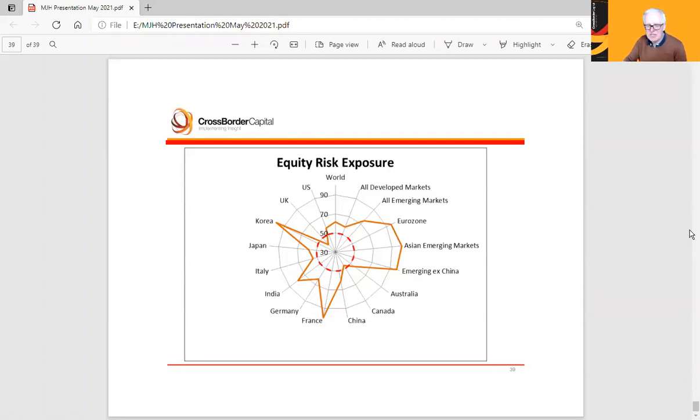This is data which is equivalent to the ranking bar chart that we showed earlier on. That basically says, look, where you've got extensions in equity markets are the Eurozone and Asian emerging markets. Korea sticks out there. France looks expensive in the Eurozone. Which markets look better?